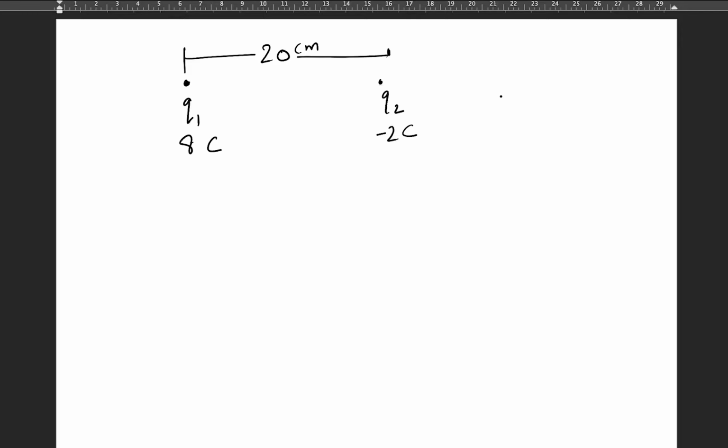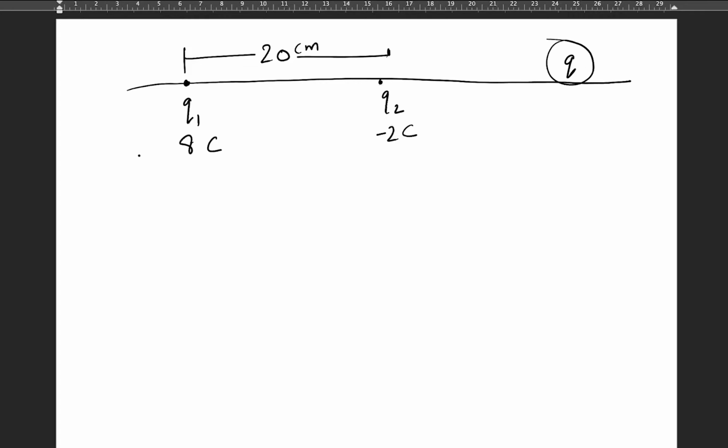So we want to see whether there is any point where there will be some equilibrium if I place some charge. Let us say there is some charge Q which I have to place on this line. Is there any point on this line where this charge Q will not face any force?